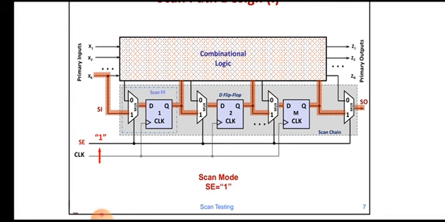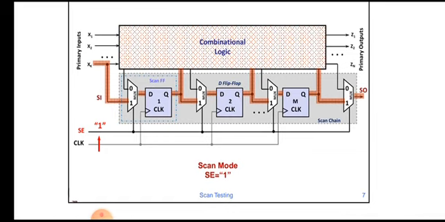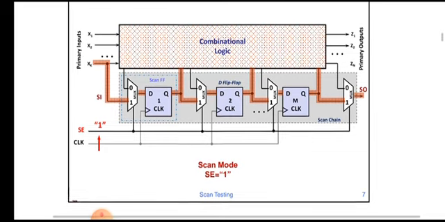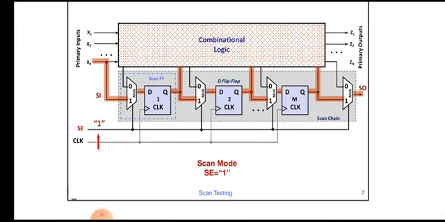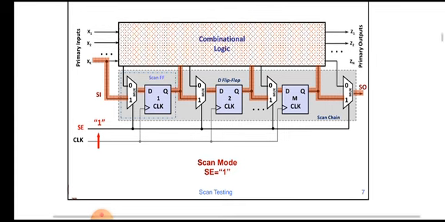In the 2:1 mux, one input is from the combinational logic and one input is from the primary input, that is S1, and the enabling signal is SE, meaning scan enable, which is 1 or 0 depending upon the operation. The output of the mux goes to the D flip-flop, whose output is Q, operated by a clock K.